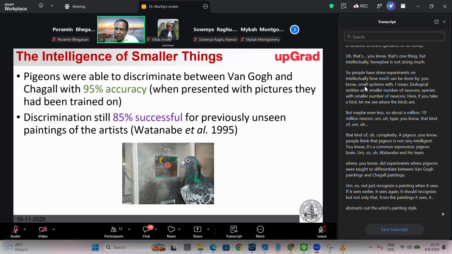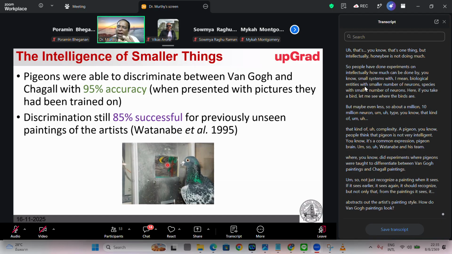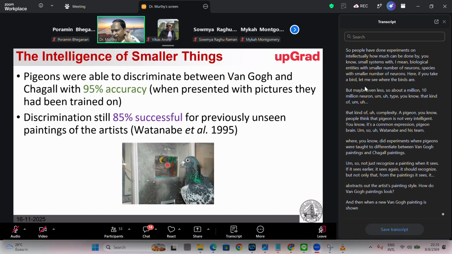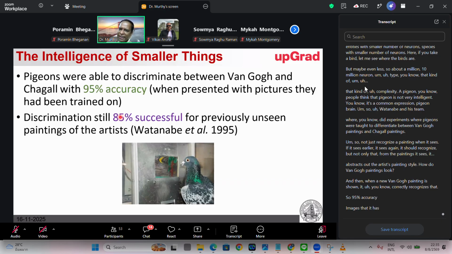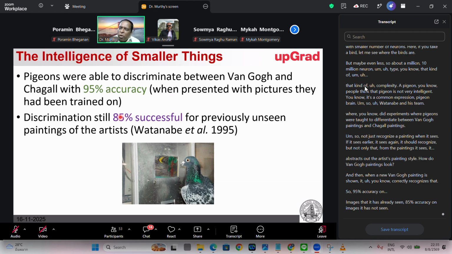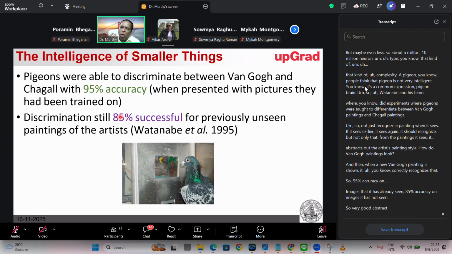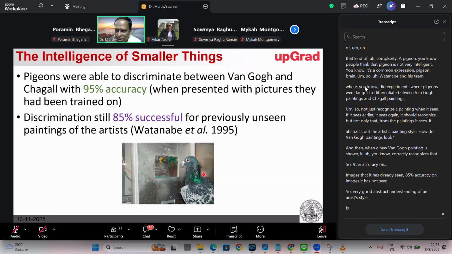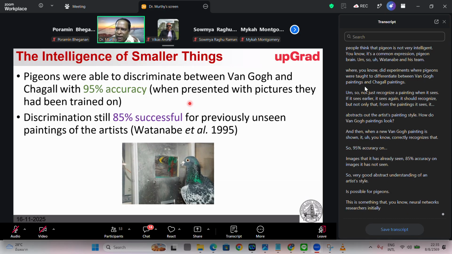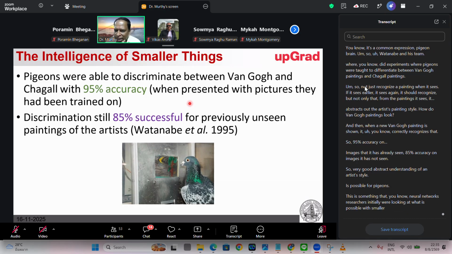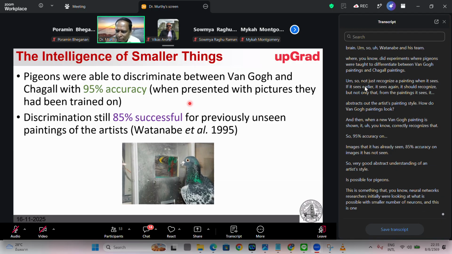How do Van Gogh paintings look? And then when a new Van Gogh painting is shown, it correctly recognizes that. So 95% accuracy on images that it has already seen, 85% accuracy on images it has not seen. So very good abstract understanding of an artist's style is possible for pigeons. This is something that neural networks researchers initially were looking at, what is possible with smaller number of neurons, and this is one of the interesting experiments of that era.